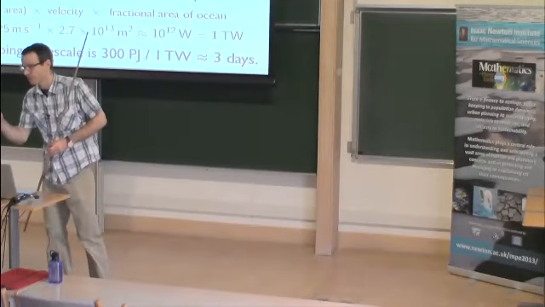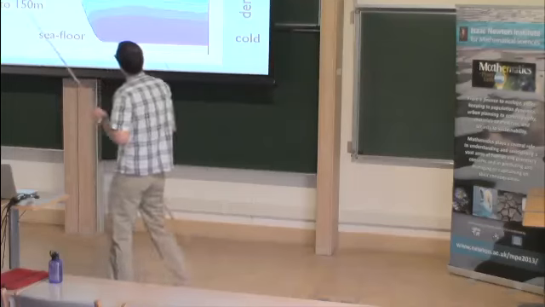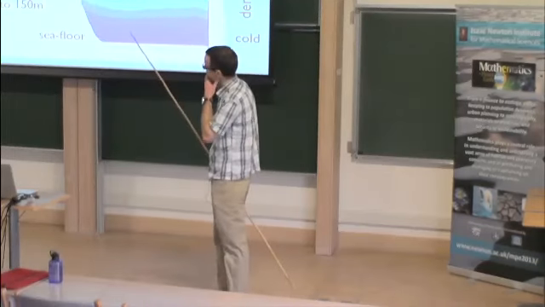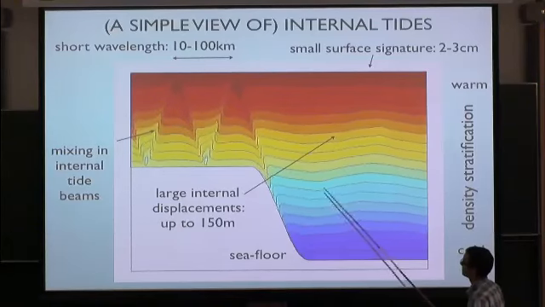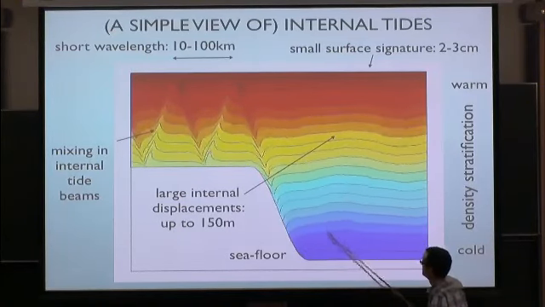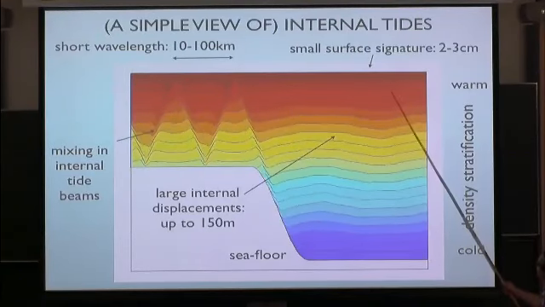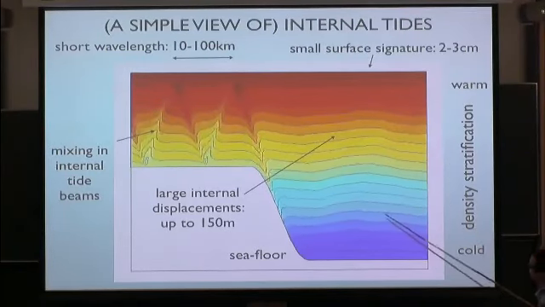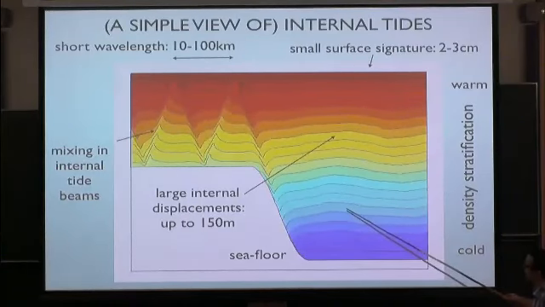So that's process 2. So we've had self-attraction and loading, bottom drag. And then process 3 is this internal tide generation, which we've already seen from the top. Here's a view from the side. So this is a simple 2D model with a slope. So this is height and horizontal. And we're looking at cold, dense water and warm, light water. And we're looking at a tidal flow just going from right to left to right.